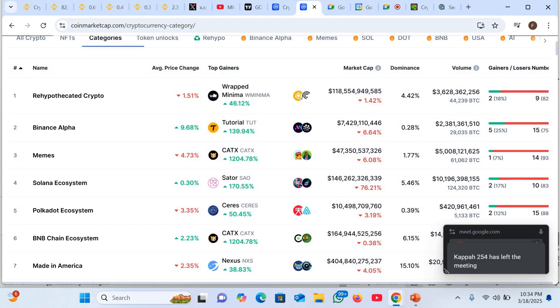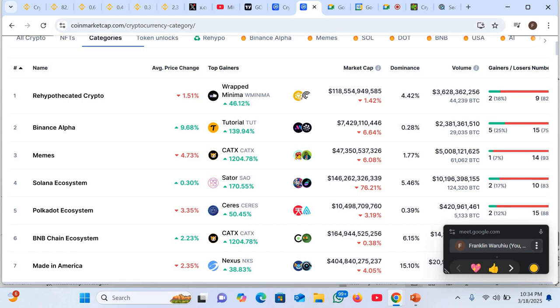We also saw the price of Trump hit a high of around $77, and right now it is at around $10, $11. So I will finalize this class by saying that what is good for a certain ecosystem is good for other ecosystems.